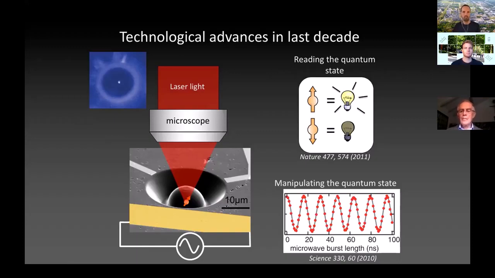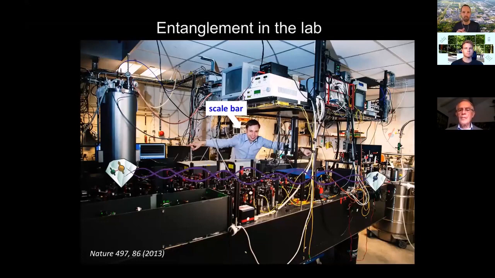Now with these kinds of tricks and some more tricks, we've been able to make quantum entangled states in the lab. This picture is from about 8 years ago, with a PhD student of mine, as you see from the scale bar here. We have two setups separated by a few meters. In each of these setups, we have a little chip, a diamond chip, and one electron is trapped on these chips.